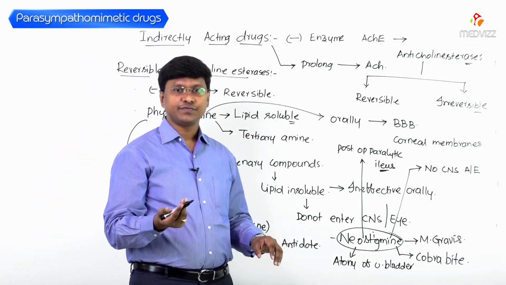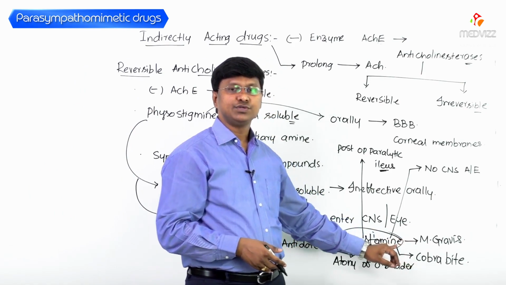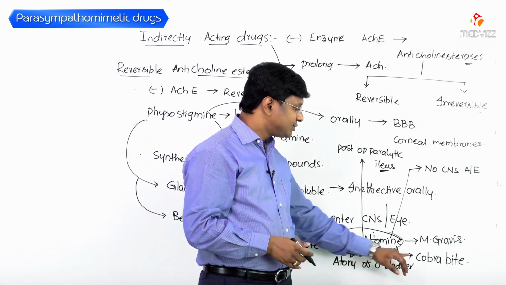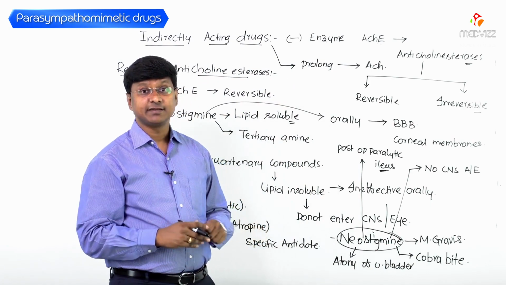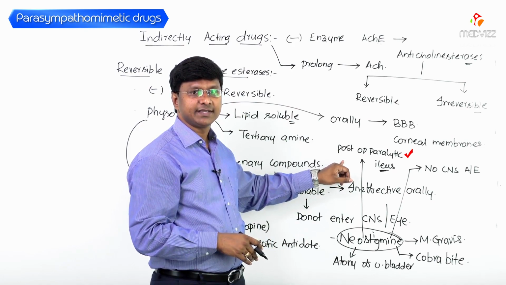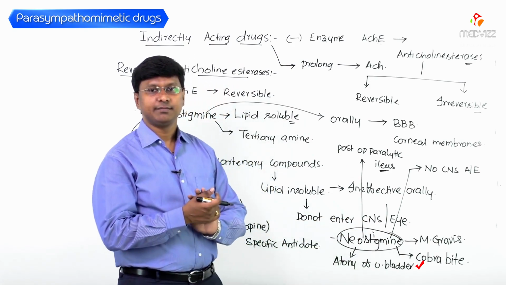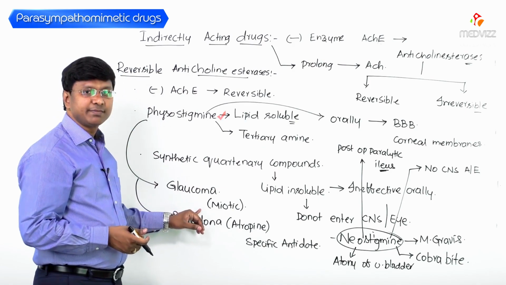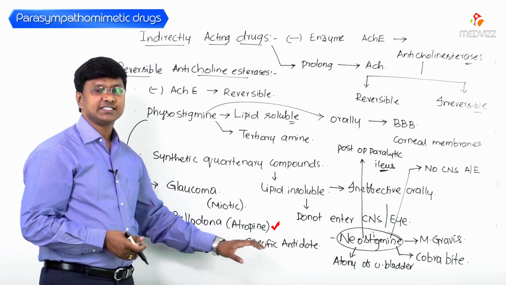Its uses are in the autoimmune disorder myasthenia gravis, where it directly acts at the neuromuscular junction; in the treatment of cobra bite, because the venom contains compounds that cause skeletal muscle paralysis; in post-operative paralytic ileus; and in atony of the urinary bladder. Whereas Physostigmine is used as a miotic in glaucoma, and in belladonna poisoning as a specific antidote.